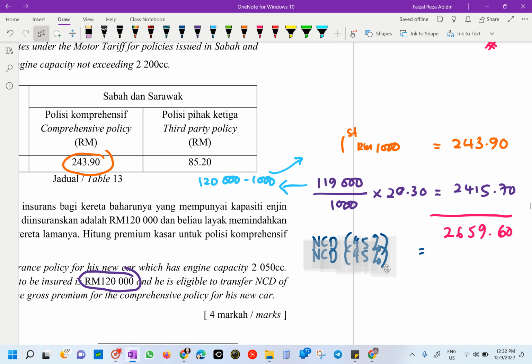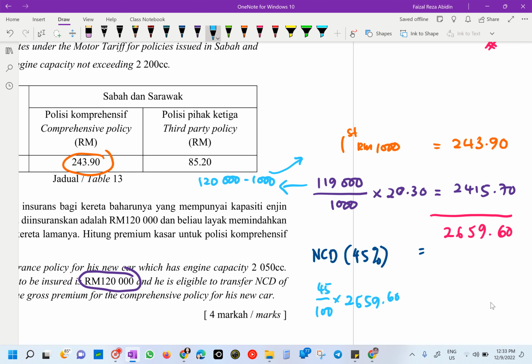1196.82. NCD, this one you are going to have from the total RM2,659.60. Means that the calculation over here is going to be 45% from the RM2,659.60. So you are going to get 1,196 ringgit 82 cents.